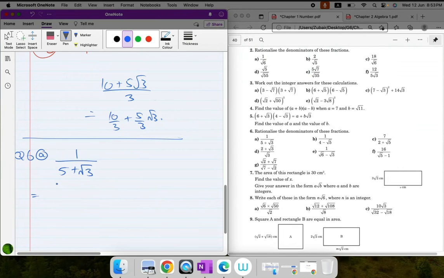The answer is 5 minus square root 3 over 22.